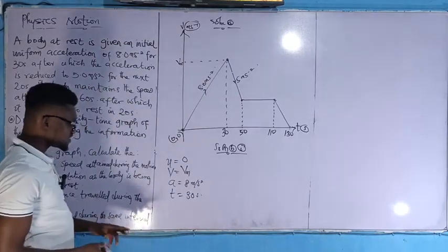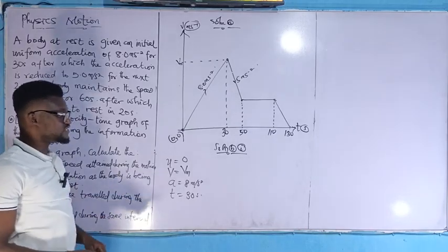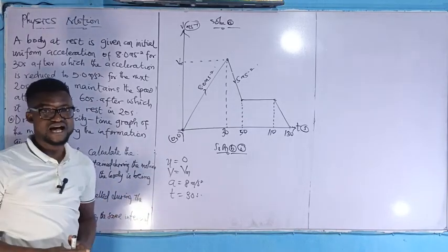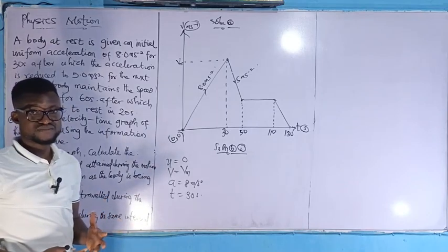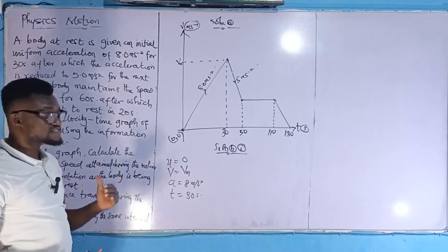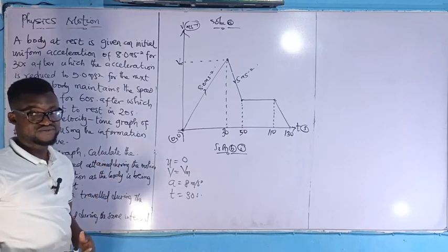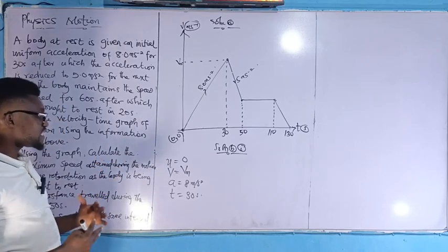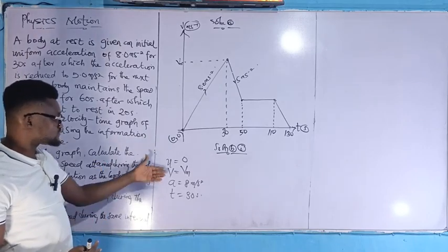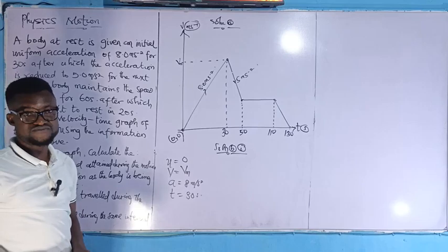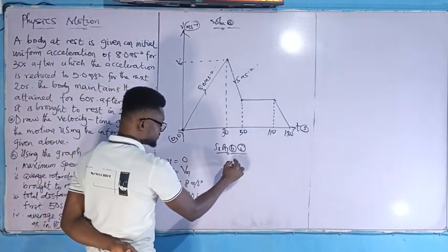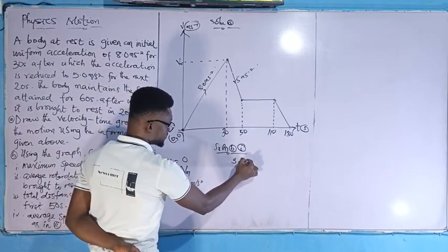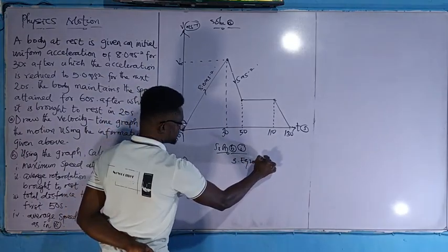At this point, we have to look into the formulas we have in motion. We have three equations of motion, the first, the second, and the third. Check the one that corresponds with all these parameters we have.